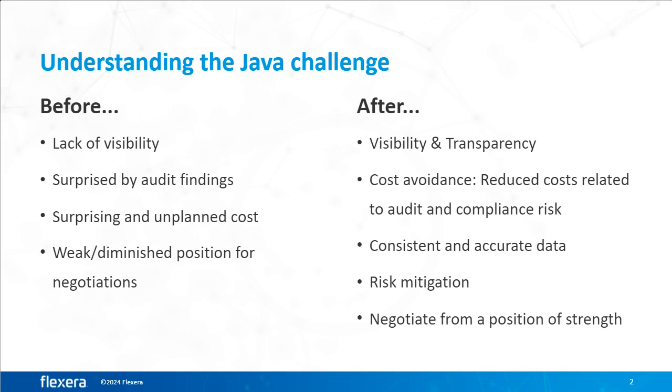So there were a lot of, let's say, concerning articles, and they all have a reason, because it's really about a lack of visibility: not really knowing where Java is installed or what Java version is relevant for licensing, or then a surprise of an audit, or a surprise within an audit, of unknown findings, something like that.